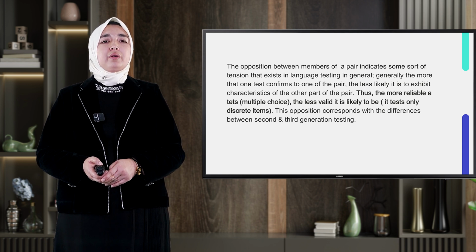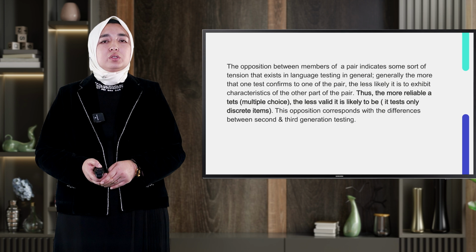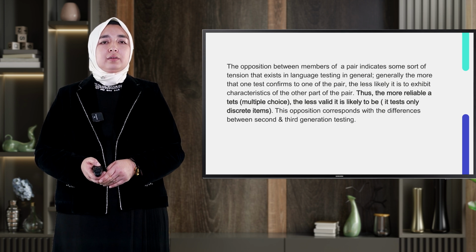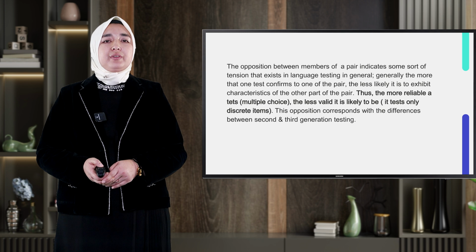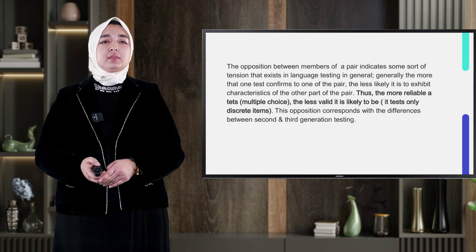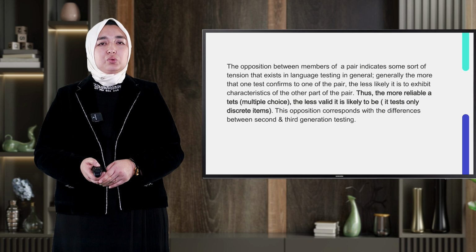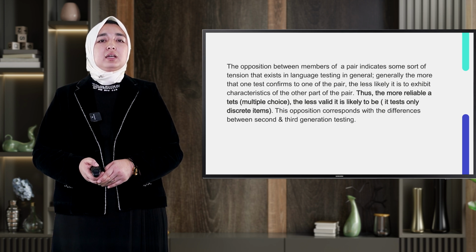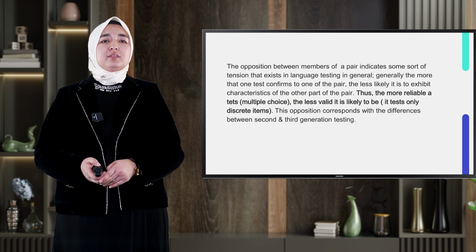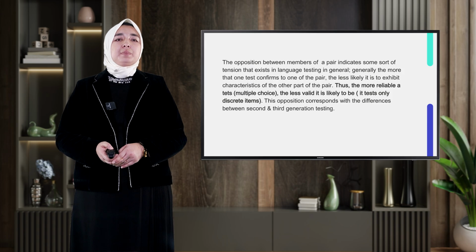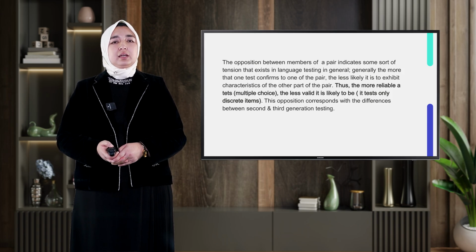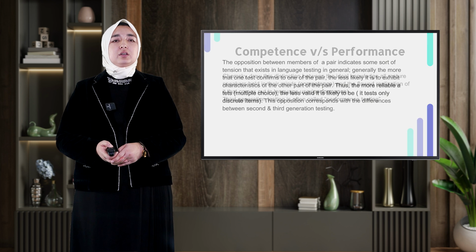Generally, the more that one test conforms to one of the pair, the less likely it is to exhibit characteristics of the other part of the pair. Thus, the more reliable a test is, like multiple choice, the less valid it is likely to be, as it tests only discrete items. This opposition corresponds with differences between second and third generation testing.